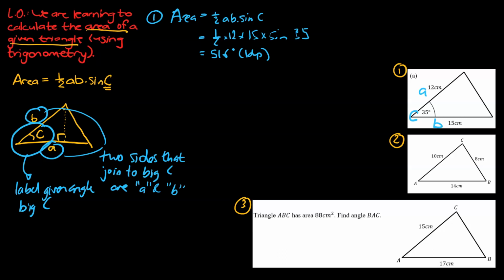We're now going to move on to our second question, and the issue with this question is we haven't been given any of those internal angles. What that means is we have to use the information we've been given to find one of the internal angles. Once we've found one of the internal angles, we can then figure out the area of this triangle.